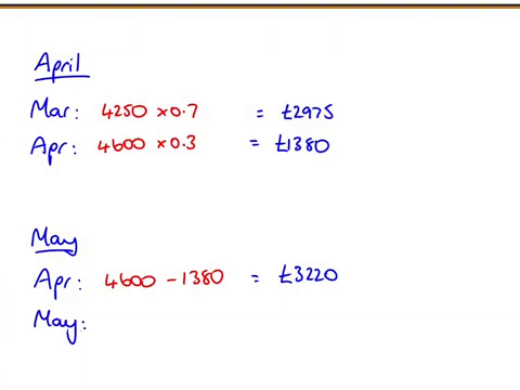We'll also receive some of May's sales as well, because of course 30% of sales are cash. Our total sales in May were £5,000, and we're going to receive 30% of those sales. So we're going to be receiving £1,500 worth of May's sales revenue in May.